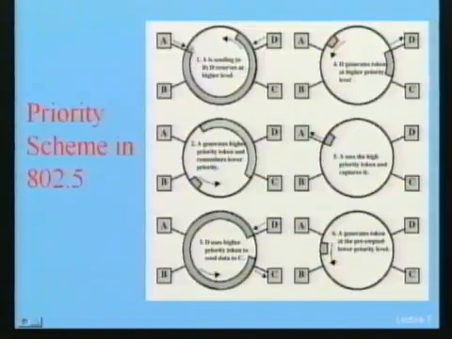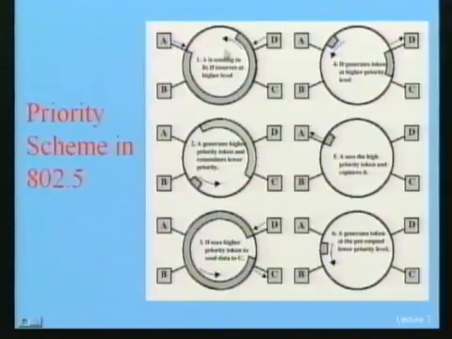A is sending a packet to B. The packet is coming through. When it comes in here, B is picking up the information and it comes back to A, and A wants to pick it up under normal condition.